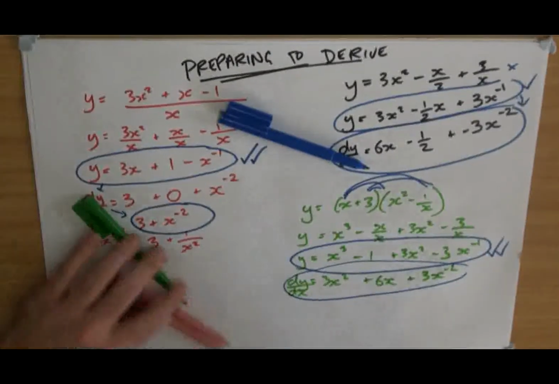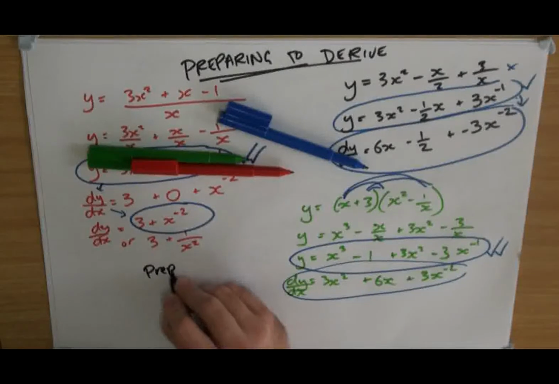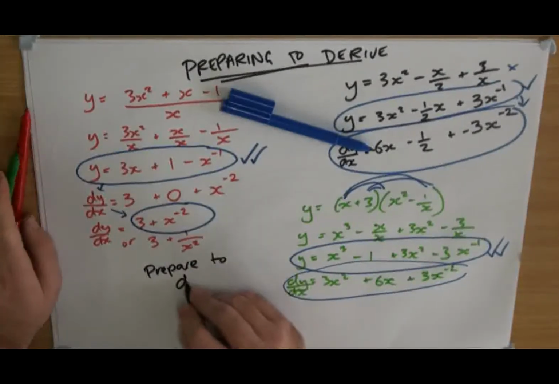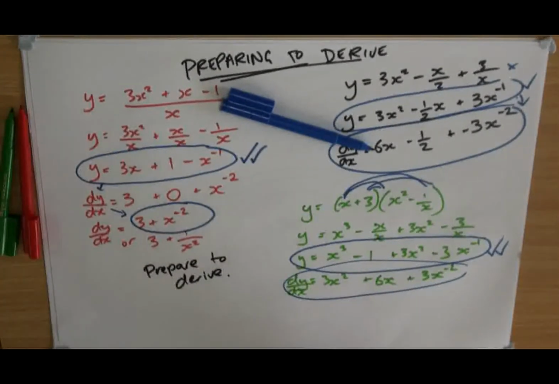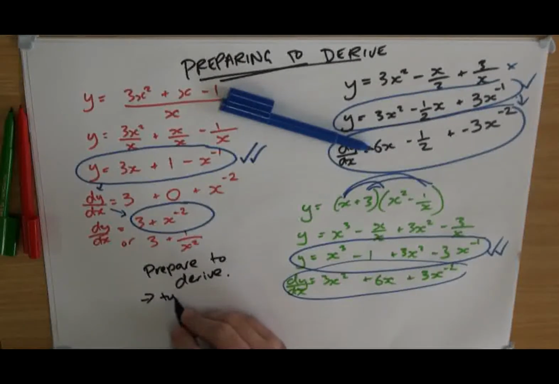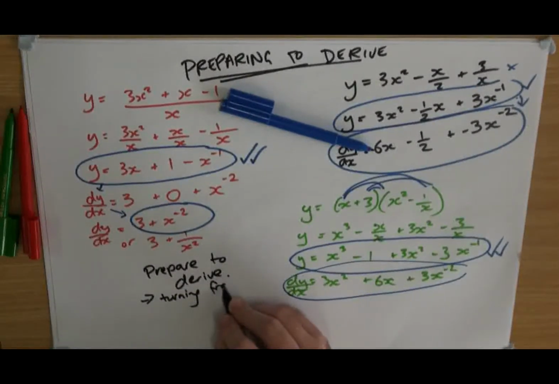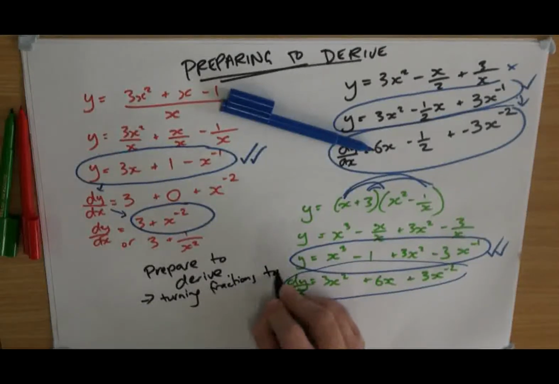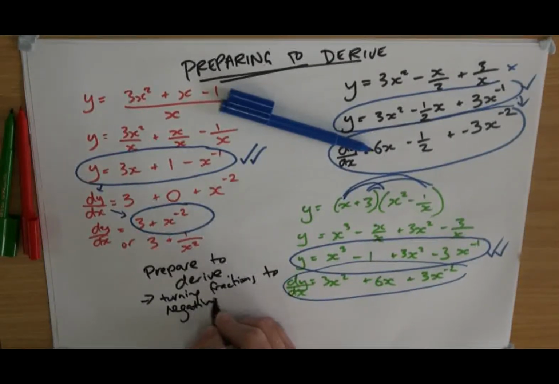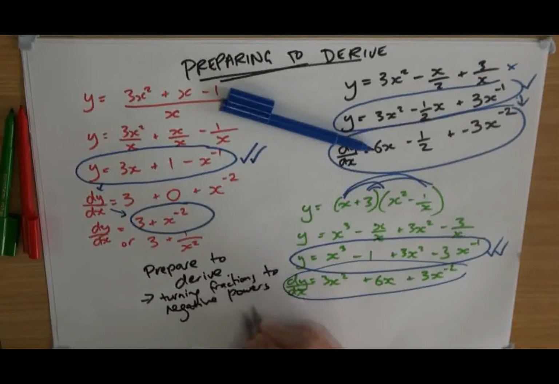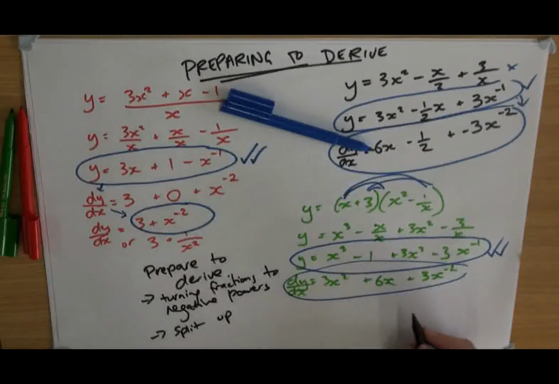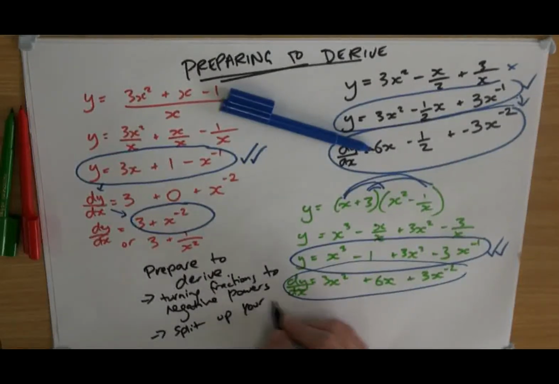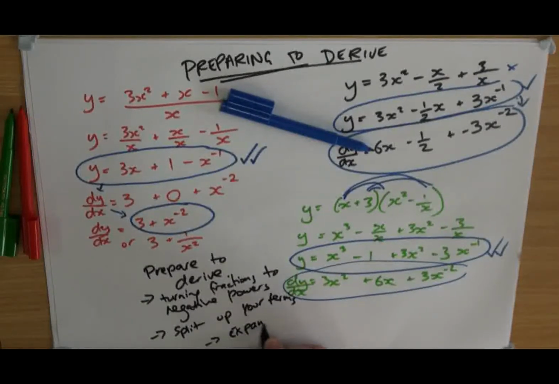So remember to prepare to derive. That you can do by turning fractions to negative powers, and you can also split up your terms, and you can also expand brackets.